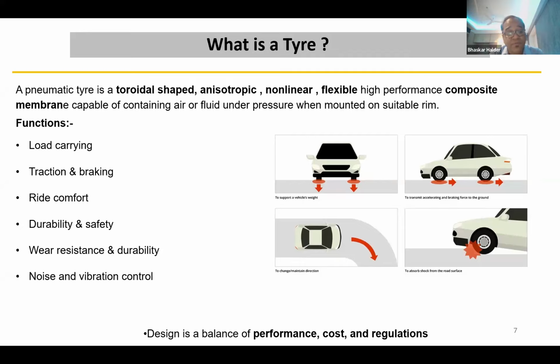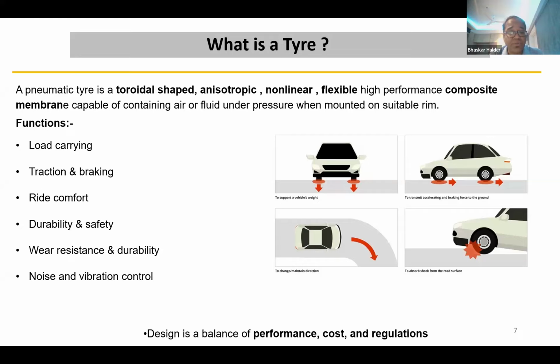So while designing the tires, our main motto is to make the tire a safety equipment, and as a factor of safety, we always keep more than 8. As tires are a safety device, we keep more safety in the tires. Next is wear resistance and durability.